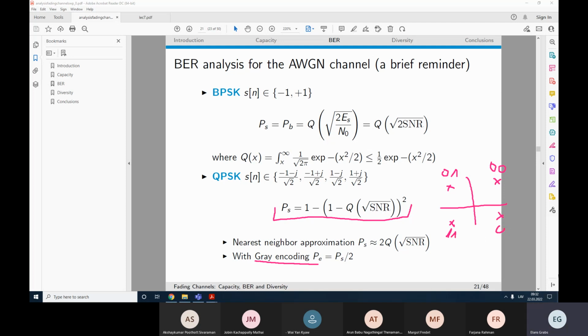And for gray mapping, here we have 1, 0. Because the most probable change, the most probable error will be over shorter distance, not over this distance that is longer, yes. Also, there are only 2 cases for this longer distance, whereas there are 4 cases for these shorter distances. So all in all, we assume that all the errors happening in symbols are basically leading to only 1 bit error.